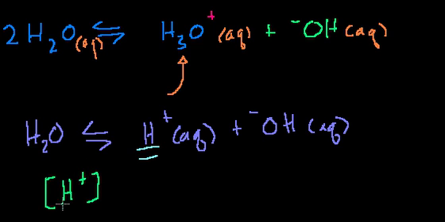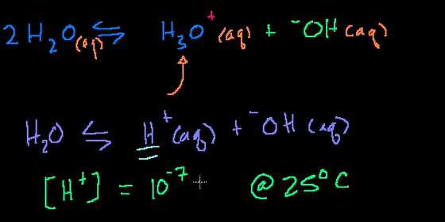And we learned in the last video that pure water at 25 degrees Celsius, which is room temperature, so let me write that. At 25 degrees Celsius, the concentration of your hydrogen protons, because that's really what they are, hydrogen ions, is 10 to the minus 7 molar. And then we even said, hey, chemists for whatever reason don't like dealing with negative exponents.